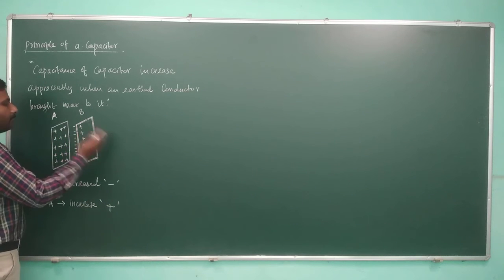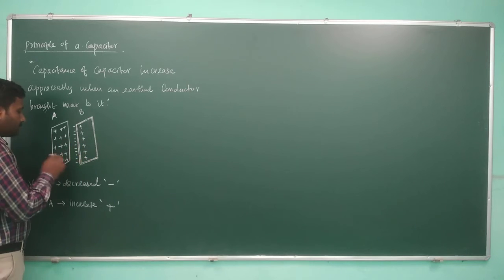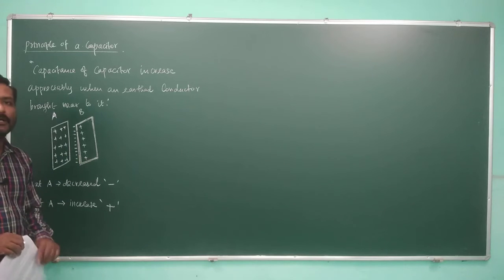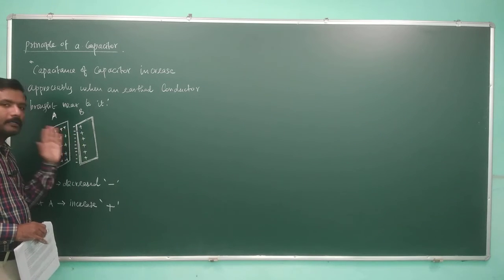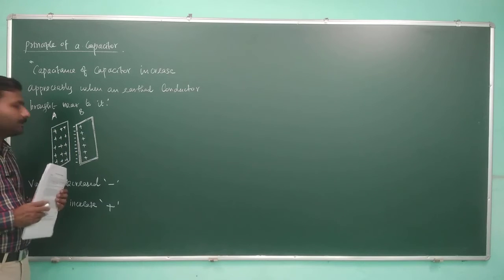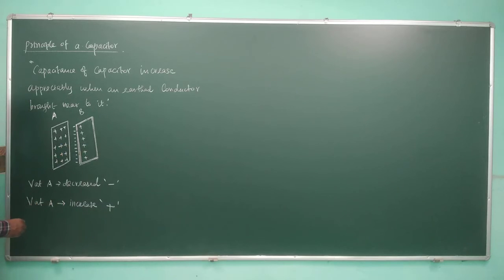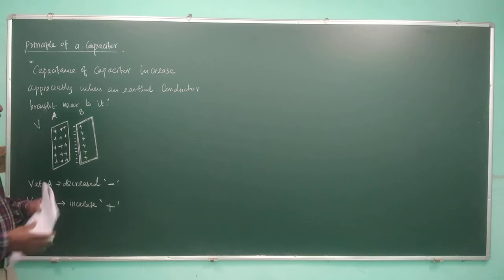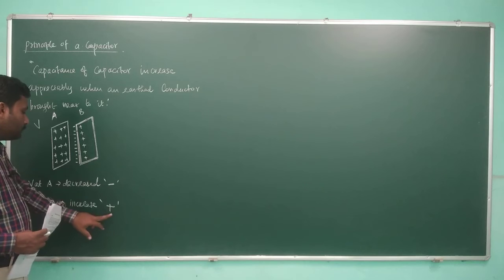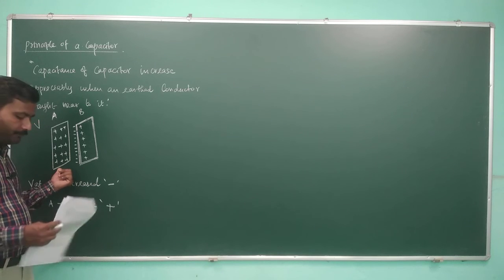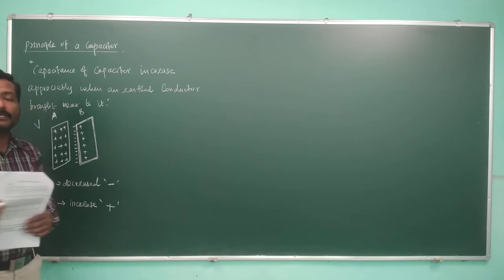But these positive charges in B are located at a further distance from plate A compared with the negative charges, because the negative charges are on the face facing plate A. So the negative charges are dominating, and the potential after placing plate B will be lesser than the potential initially present in plate A when there is no plate B. So even though the positive charge contributes to an increase of potential, the net effect will be a decrement in the potential.